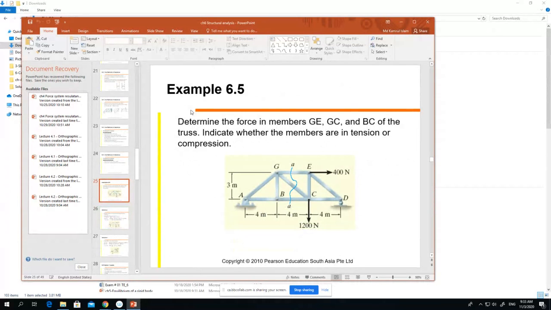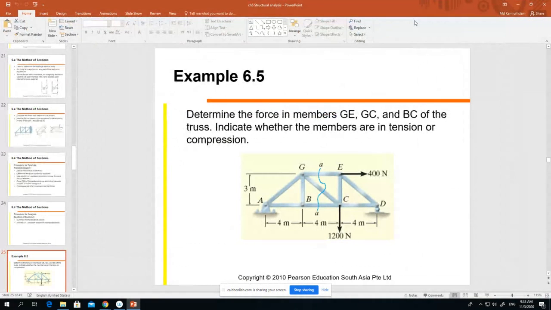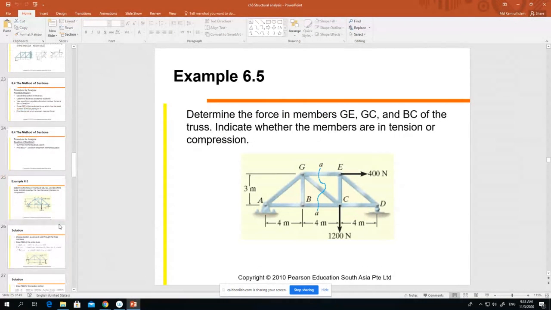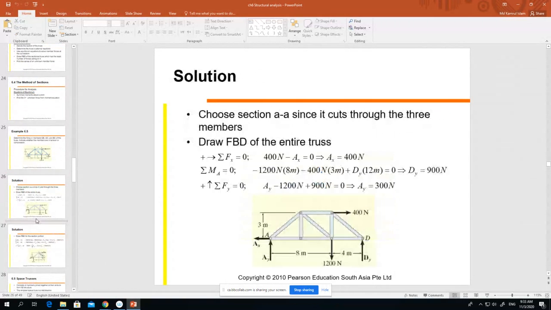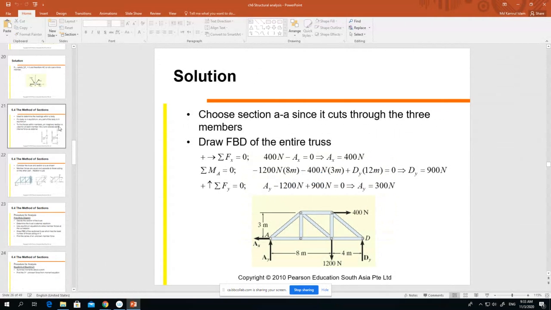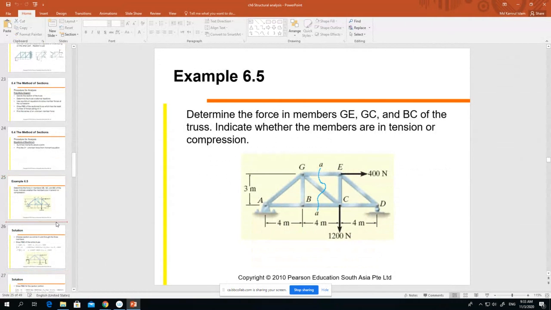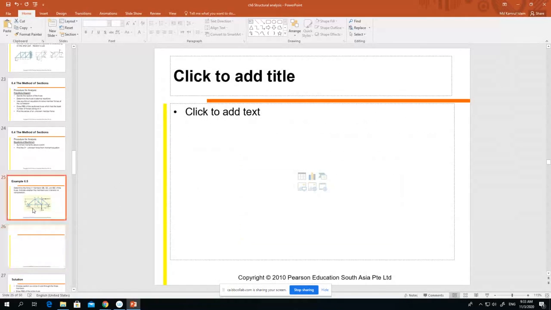Last class we started an example, and we are introducing the method of section, right? I explained something on the method of section, so let's start it now again.